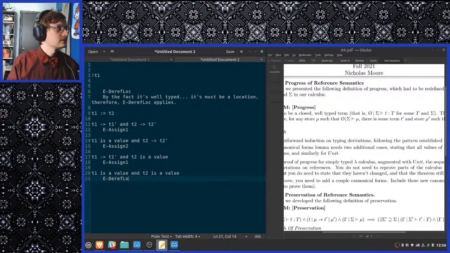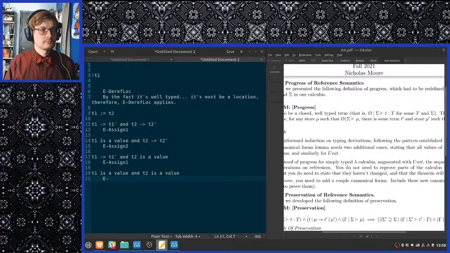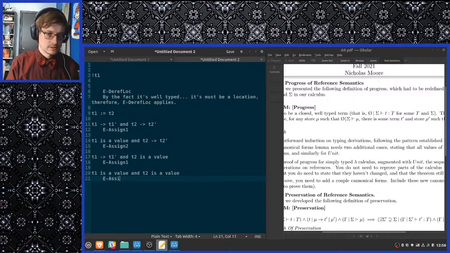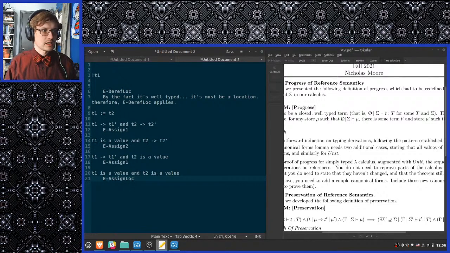Obviously, when they're both values, we're looking at deref location. Wait, no. It's like E assign location or something. Whatever the name is. Assign location. So the question is, does E assign location apply?